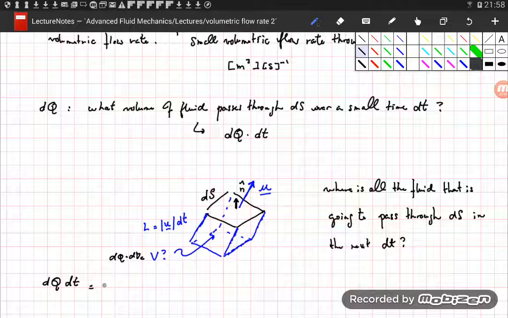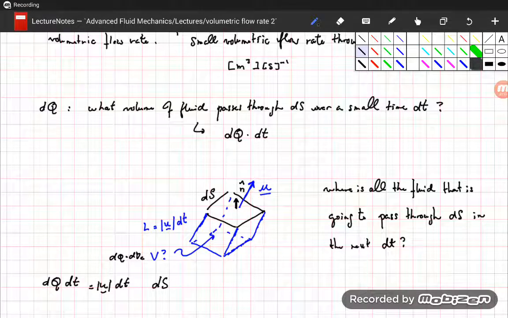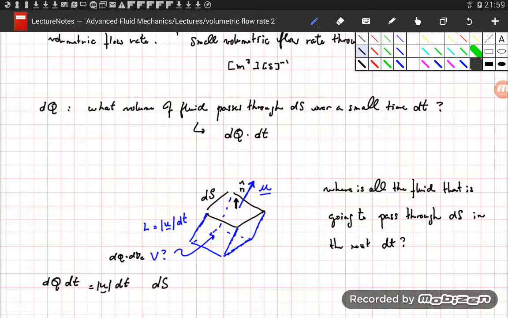So what is the value of this volume? Well, it will be ds, that's this surface, times this length, so times u, the norm of u, dt. And from formulas of the volumes of a prism, you know that the volume of this prism here is equal to the surface times the height, and the height is taken in a direction normal to the surface of the prism, so in the direction n.